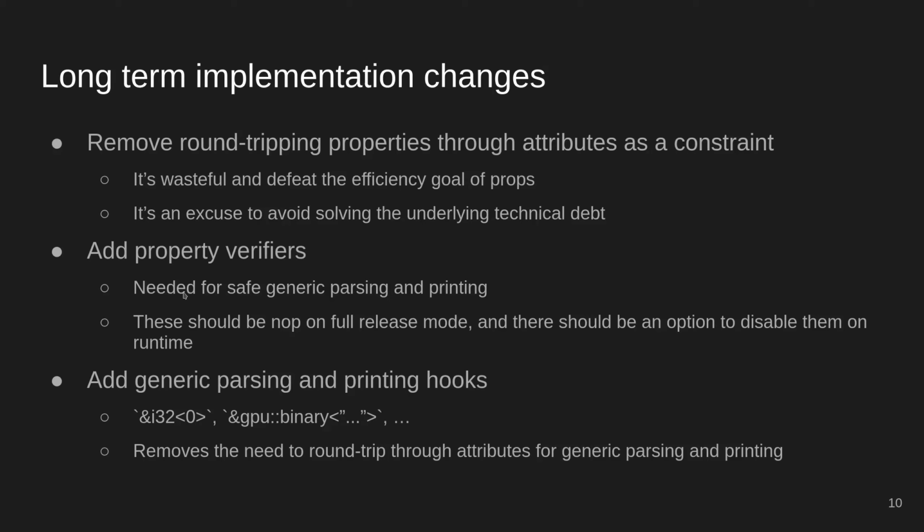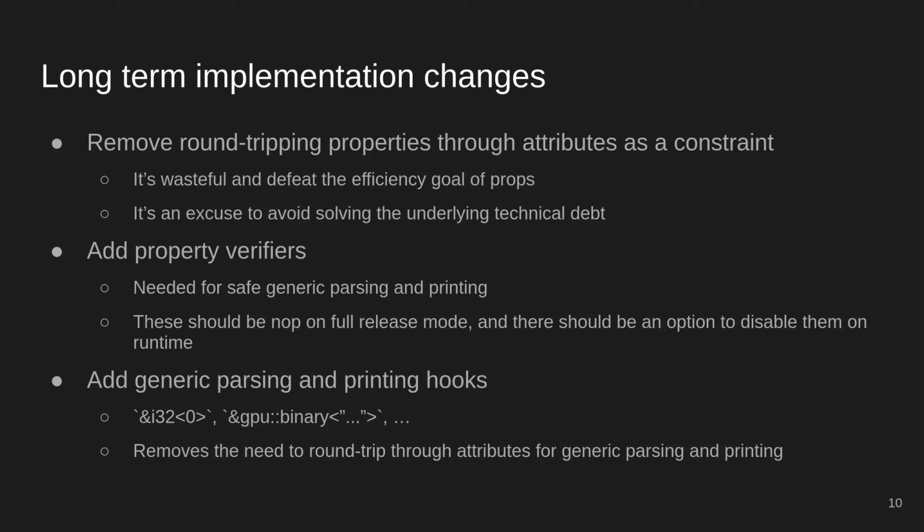Basically, the reason I think we need this is that the main problem with properties and attributes right now in, let's say, Python, is that if you don't have a Python binding for an attribute, you can still parse the data. You cannot do that with a property. So you are effectively at a loss there.